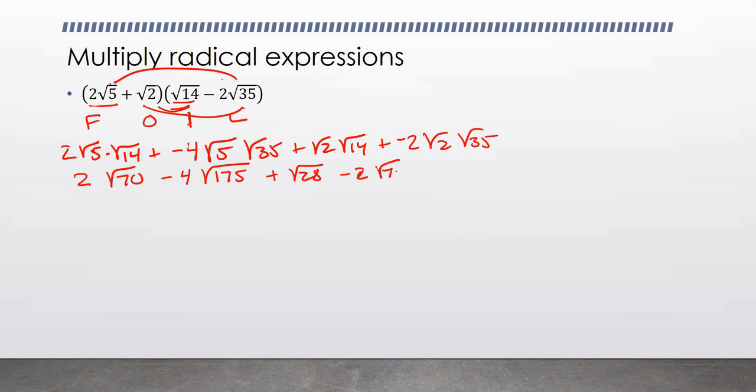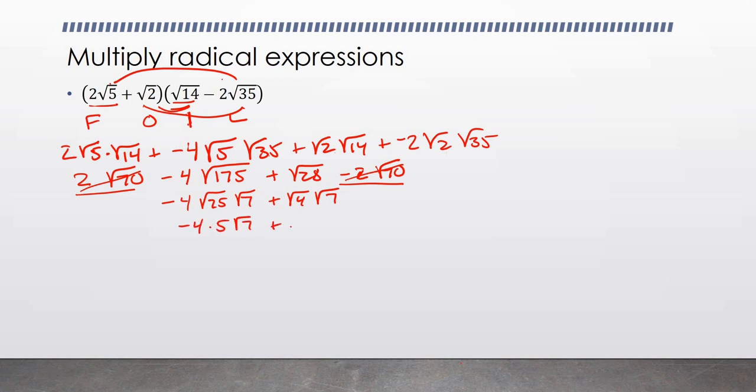Minus 2 times the square root of 70. 2 times 35. So I have two like terms here, and it's kind of nice because they cancel out. 2 root 70 minus 2 root 70, that's 0. Now I've got to simplify these. This is the square root of 25 times 7, and this is the square root of 4 times the square root of 7.